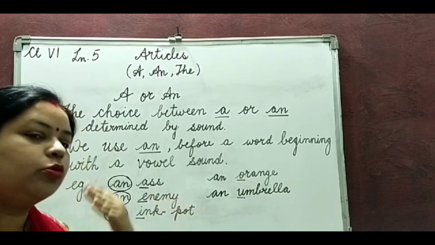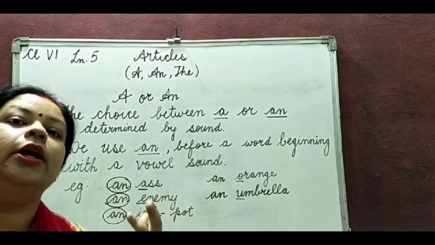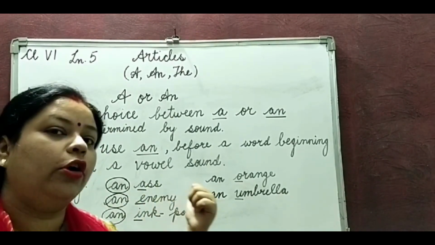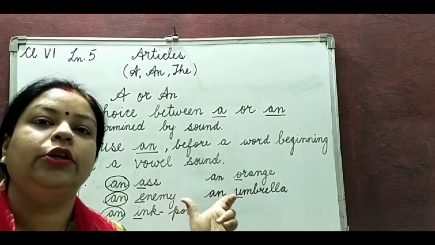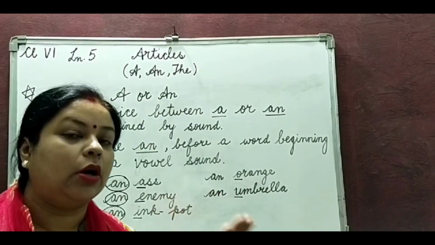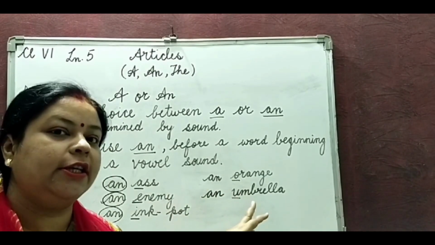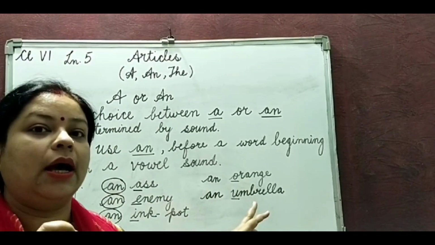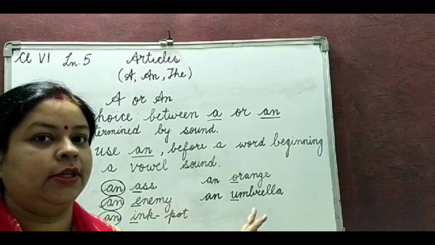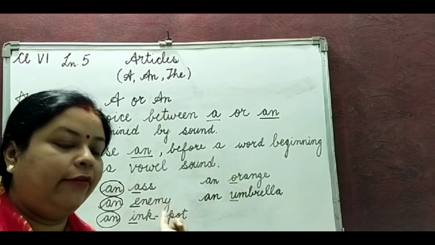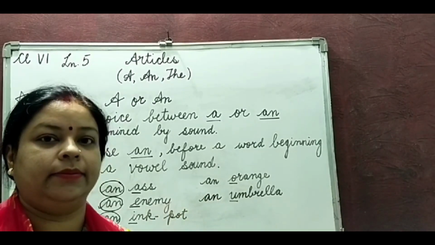So, while pronouncing these words, the sound A comes, or E comes, or I comes, or O or U comes. So when we pronounce them, it simply gives us umbrella. You can see here in umbrella, the sound A is coming first. And that's why all the words have the article an.